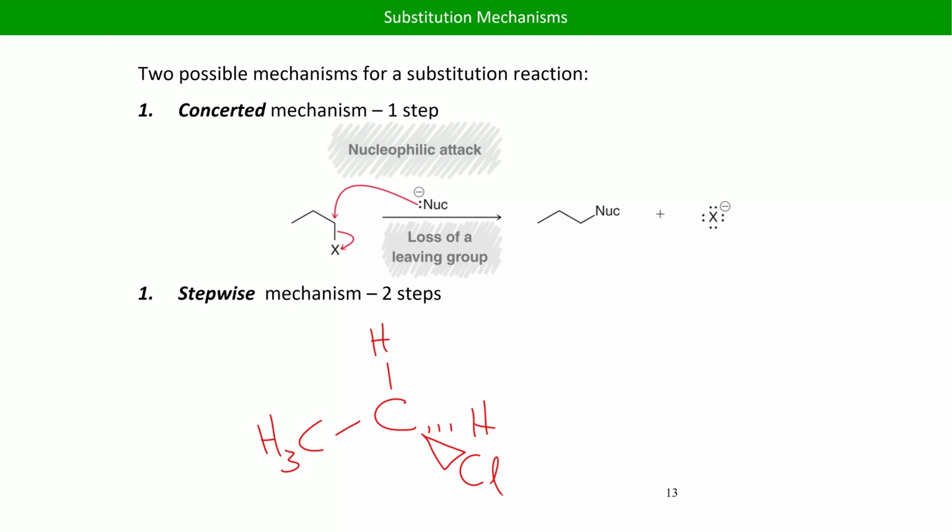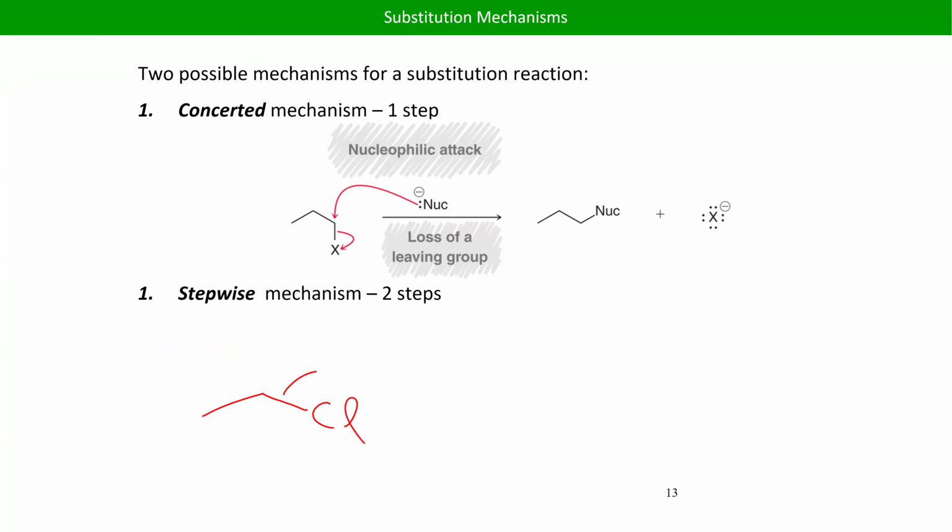If we started with a nucleophilic attack, we'd be making another bond to that carbon. We'd be making a carbon with 5 bonds, so we can't do that. So if it's going to be stepwise, it has to be loss of the leaving group first. And that's going to make an intermediate, and that intermediate is going to be a carbocation.